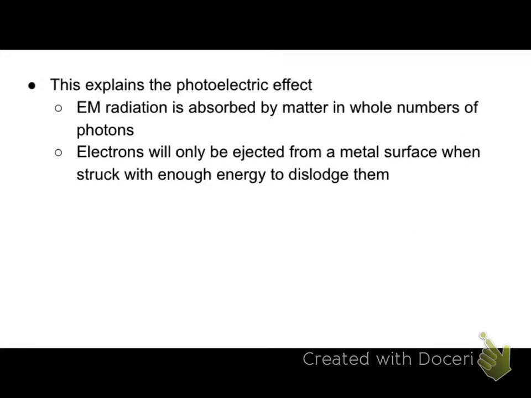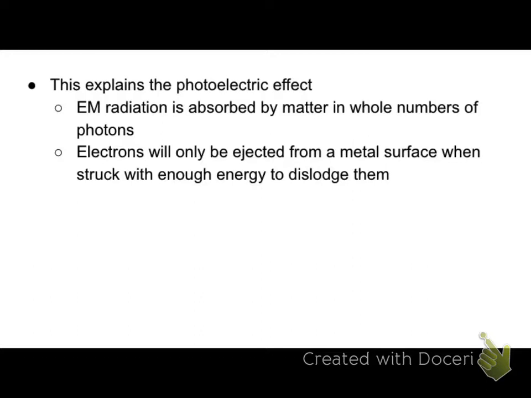So remember, they were surprised that there needed to be a specific frequency of light in order to emit electrons. The reason for that is that each atom holds on to their electrons with a different level of tightness. Okay? So some atoms, it's really difficult to knock an electron loose, and for some, it's less difficult.